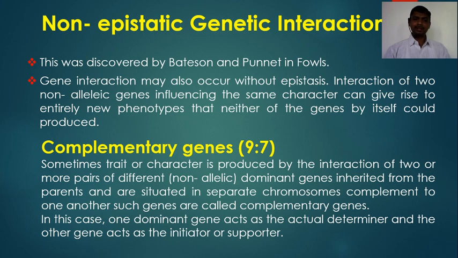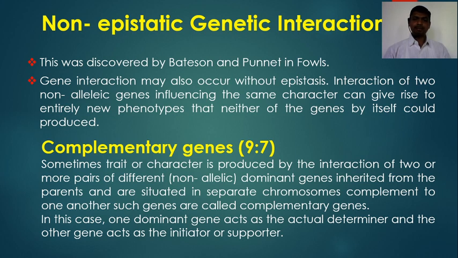So in this case, one dominant gene acts as the actual determiner and the other gene acts as the initiator or supporter. So there are two dominant genes. The presence of one dominant gene acts as a determiner while the presence of the other gene acts as an initiator. If both the dominant genes are present, then they are able to produce a new phenotype.